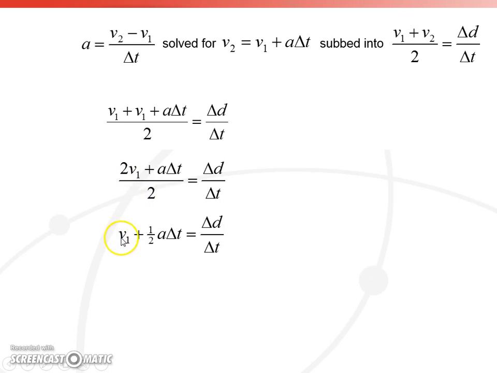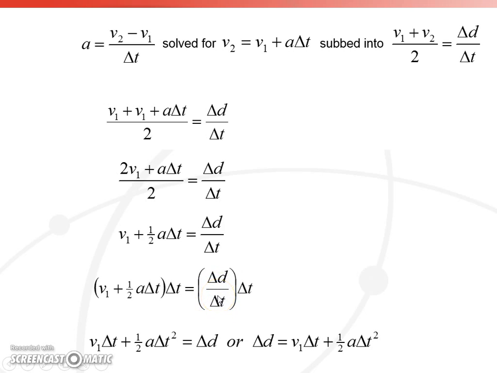So this gives us V1 plus 1/2 A delta T. But remember, we're still going further. So we multiply both sides by delta T to get delta T off of the bottom here, and we get our distance covered is V1 delta T plus 1/2 A delta T squared.